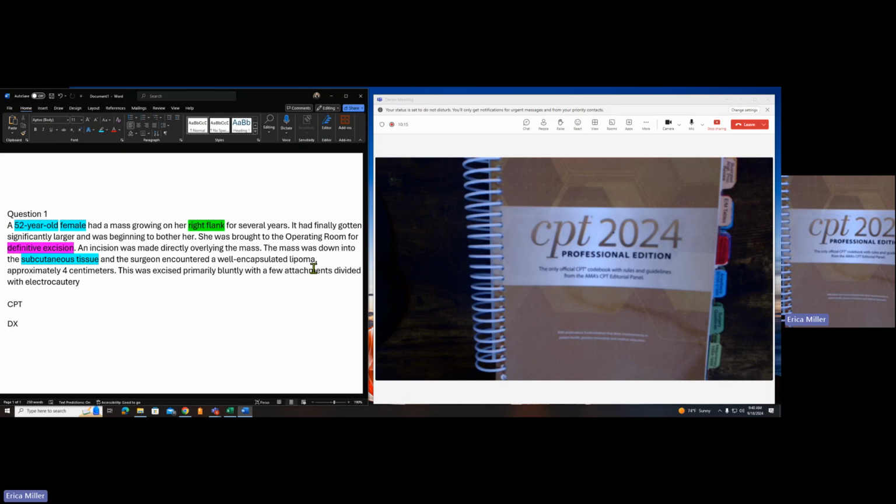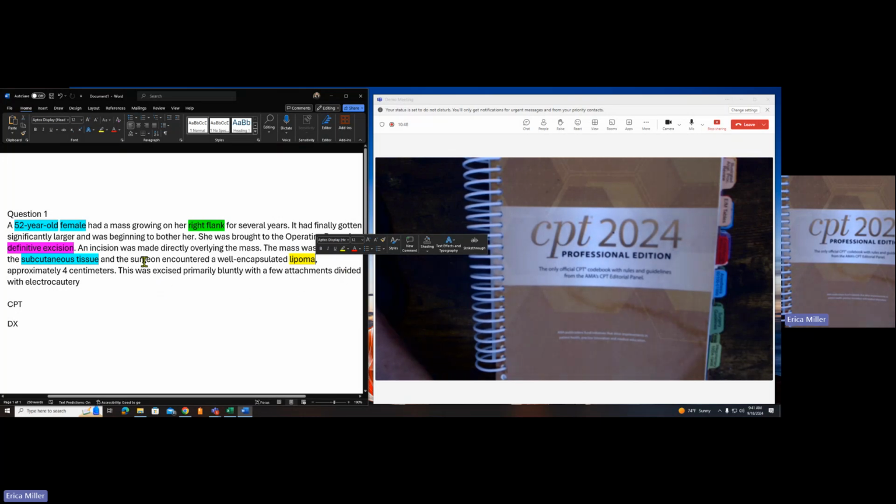Once they were able to incise and view what that mass was, they've determined it was a lipoma. So now we went from a suspected something suspicious, and that mass could have been malignant. It could be benign, right? So they need to determine what exactly that mass is under the skin. So now we know it's a lipoma. So now we got a problem. I'm going to put my problem in yellow.